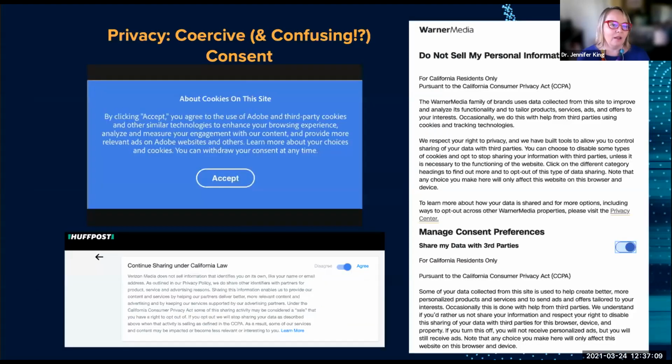Okay. So another few from the privacy space. So what I'm calling kind of coercive and potentially confusing consent. And so the first one in blue, I think, is a really interesting example. This is from Adobe. And I included it because you have no other choice here but to accept.